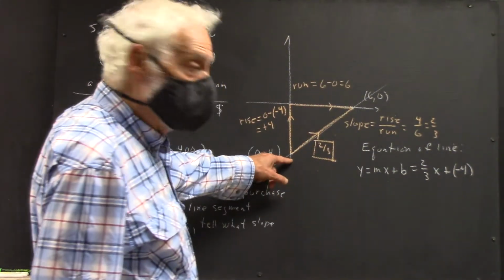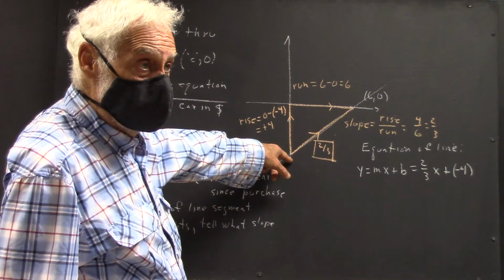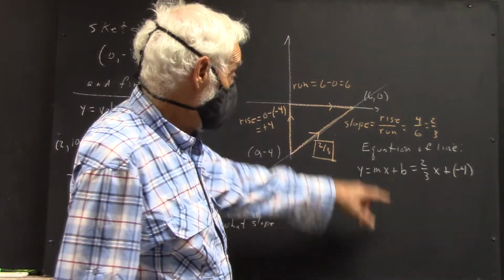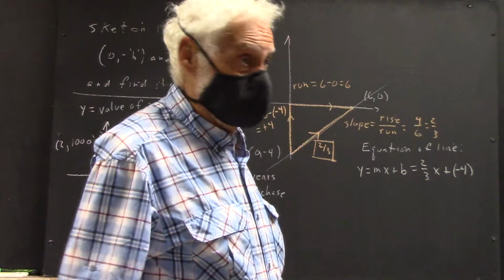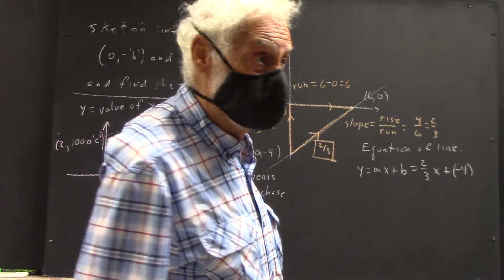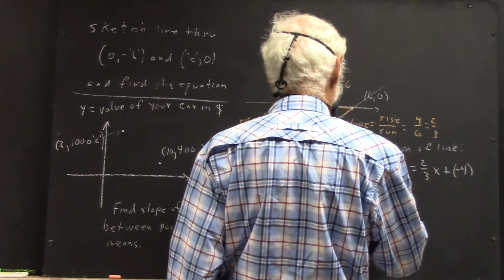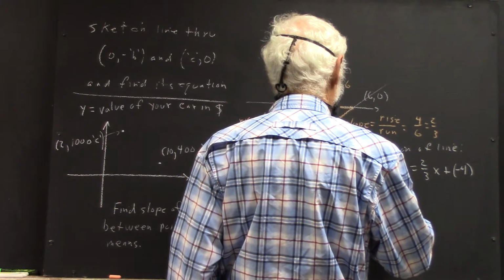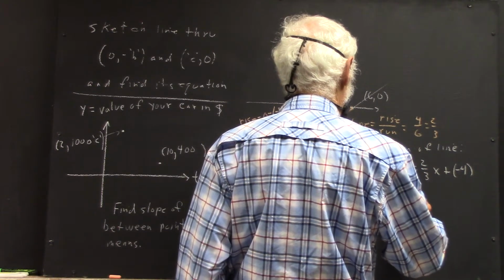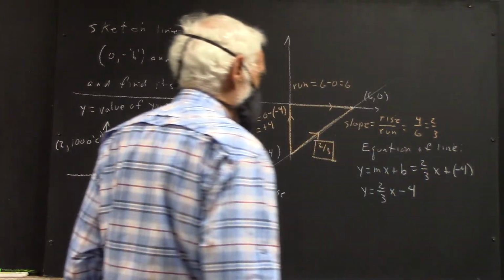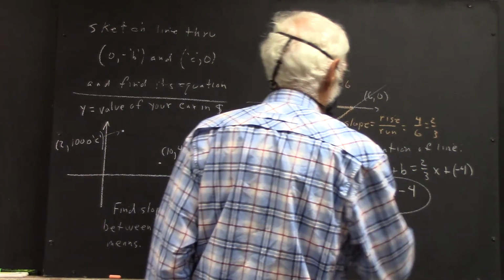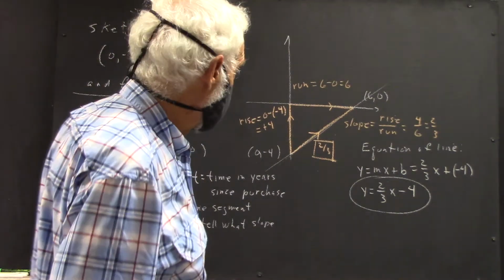The y-intercept is -4. So if you know the two intercepts, you can easily work out the equation of the line. And that's simplified. Y equals 2/3 x minus 4.